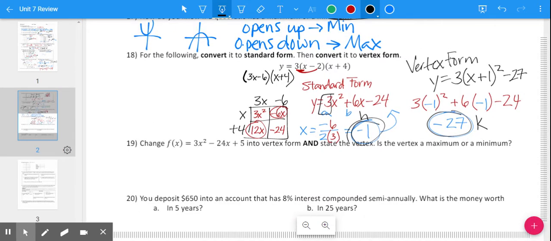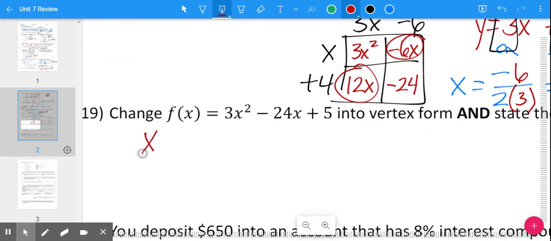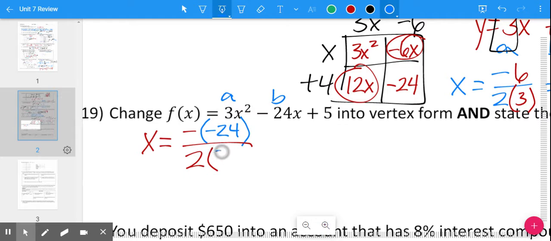All right, the next one says change that into vertex form and state the vertex. Is the vertex a minimum or a maximum? The first thing we have to do is find the x value by doing negative b. b is 24, negative 24 over 2a, and a is 3. Negative 24 times negative is a positive 24 over 6 gives us 4.